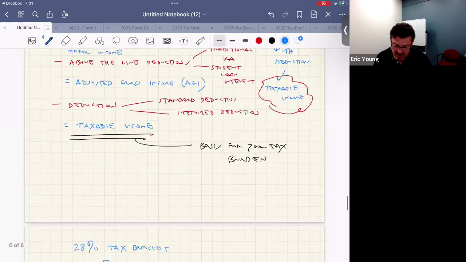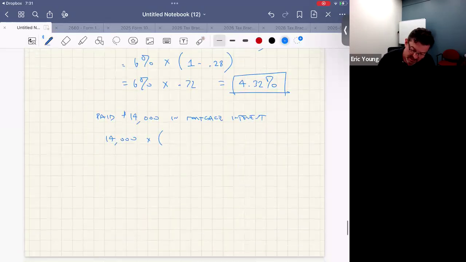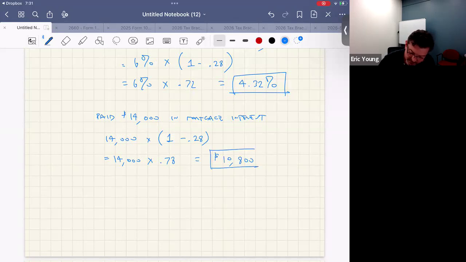So what's the connection? It's this. 14,000 times 1 minus 0.28 equals 14,000 times 0.78 equals 10,800. This is effectively the taxes that you pay. Another way to look at it is 14,000 times 0.28 is the taxes that you save.